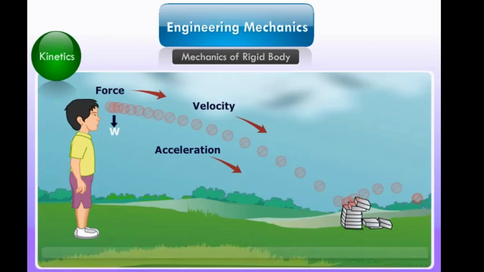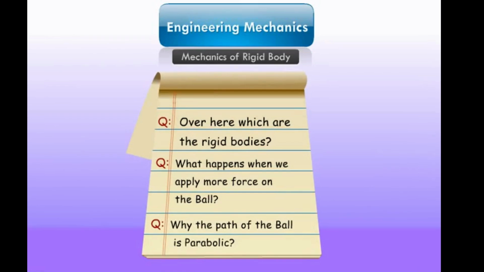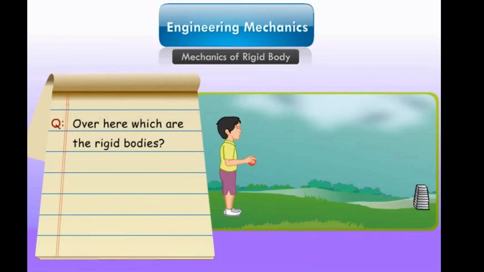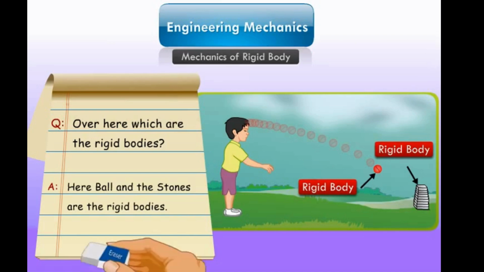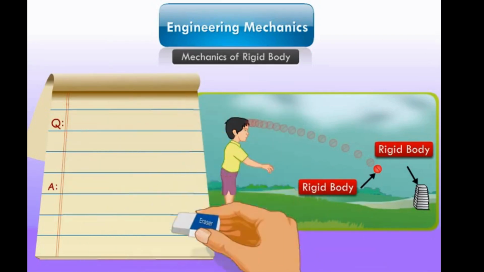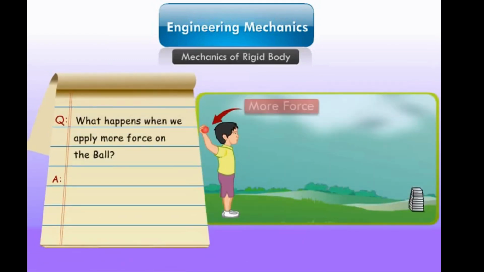Now, on the basis of this example, let us check whether we are able to answer these questions. Question. Over here, which are the rigid bodies? Answer. Here, ball and the stones are the rigid bodies. Question. What happens when we apply more force on the ball?